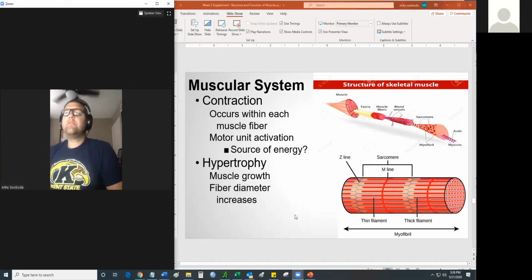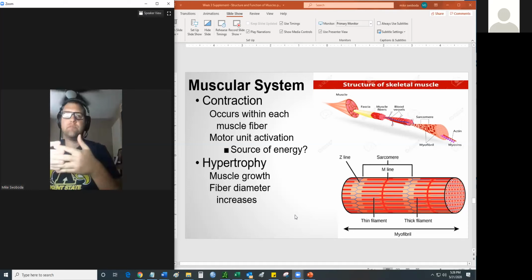First thing to note here is that when we actually contract a muscle, the contraction occurs in every single muscle fiber. So once that action potential, or once the cross bridge occurs, you get every single muscle fiber going and making that cross bridge, causing your contraction to occur.